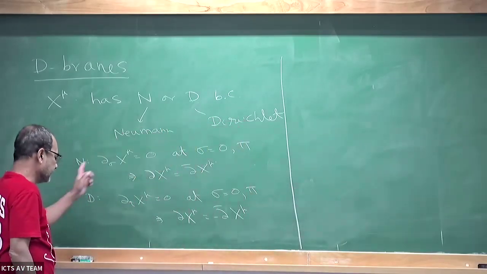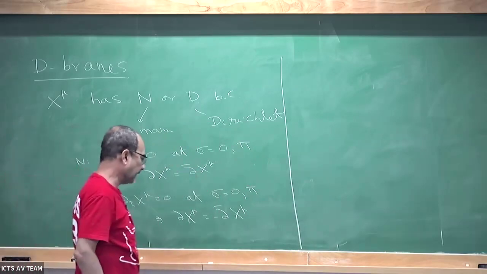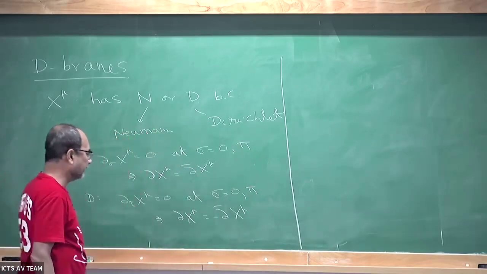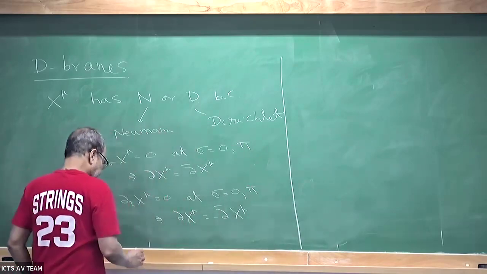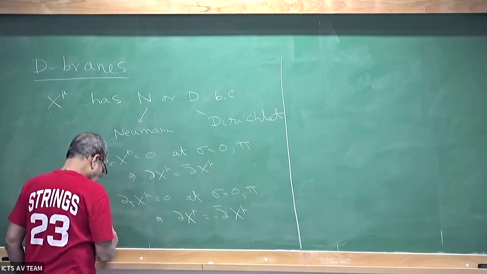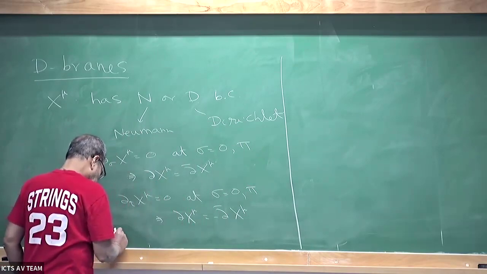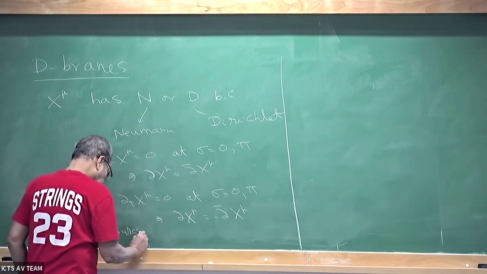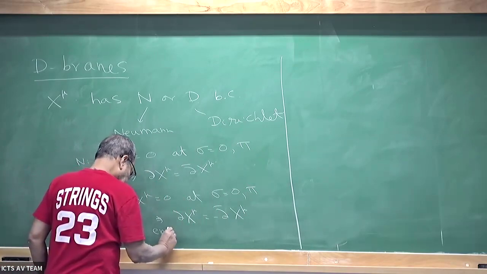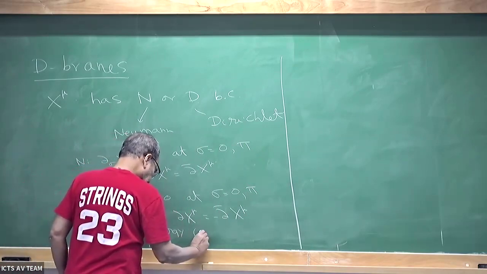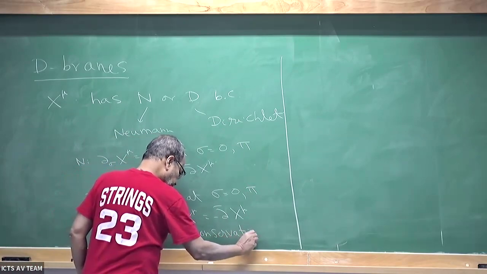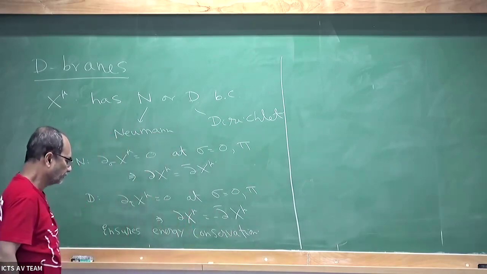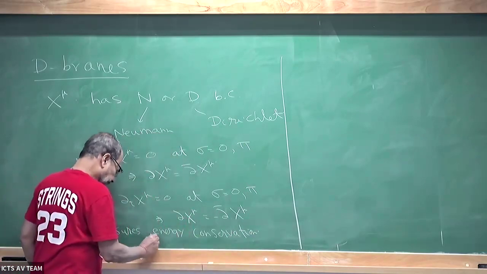Okay. And this translates to del X^mu equal to minus del bar X^mu. Okay, and we have studied this in the bosonic string theory. This remains unchanged. And we also saw that this basically ensures worldsheet energy conservation.